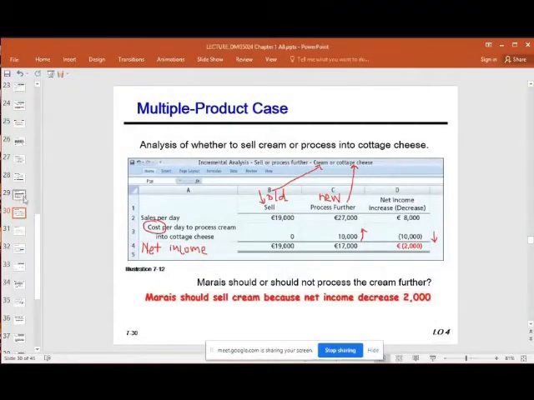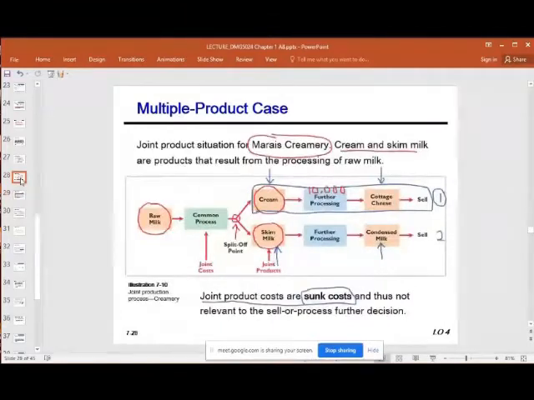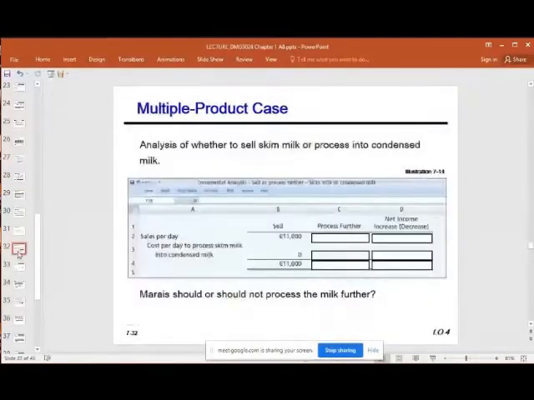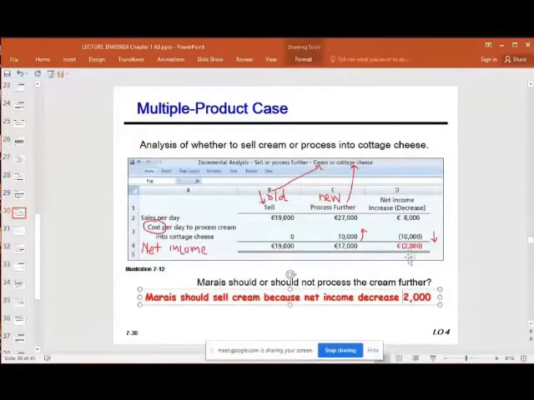So 2,000 means this figure. So Marias should sell cream, not cheese, because net income decreased 2,000.